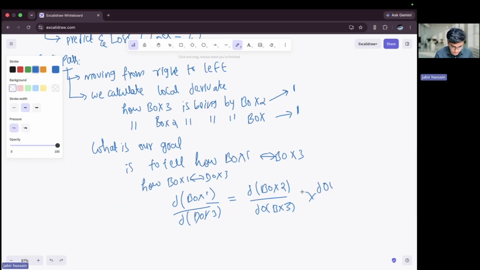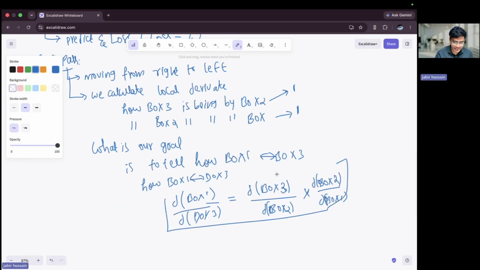Let me write it correctly: box 3 with respect to box 2. I know I'm saying boxes again and again and it's confusing, but don't worry, it's a very basic thing. And we know how box 2 is getting impacted by box 1. So if you put it together using the chain rule, you can exactly tell how much weight you need to change to get proper loss, to get your true answer.